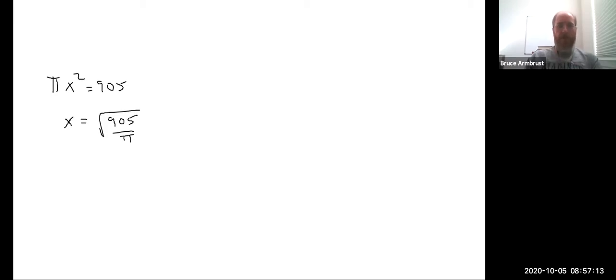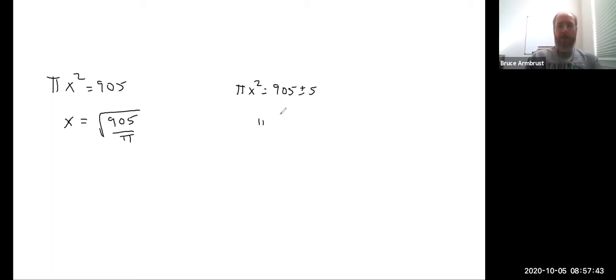Okay, so then B, if the machinist is allowed an error tolerance of plus or minus 5 square centimeters, how close to the ideal radius must the machinist control the radius? Okay, well, I think you know what to do there. So now we're going to say our area can be 905 plus or minus 5 square centimeters.